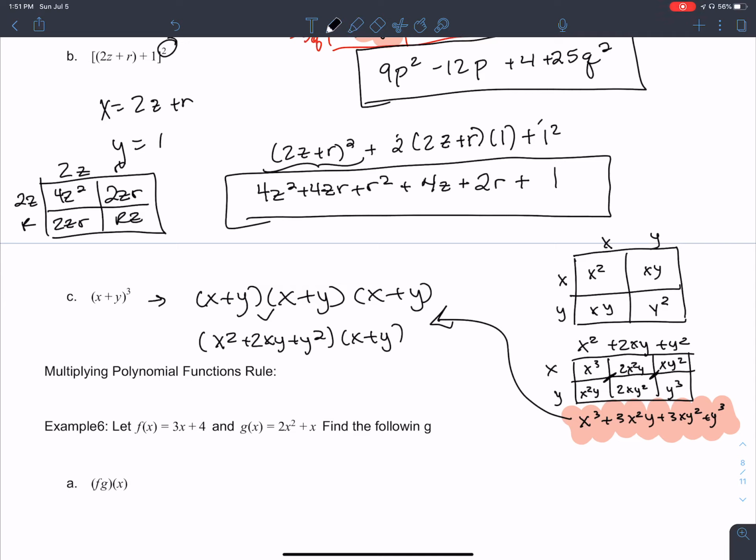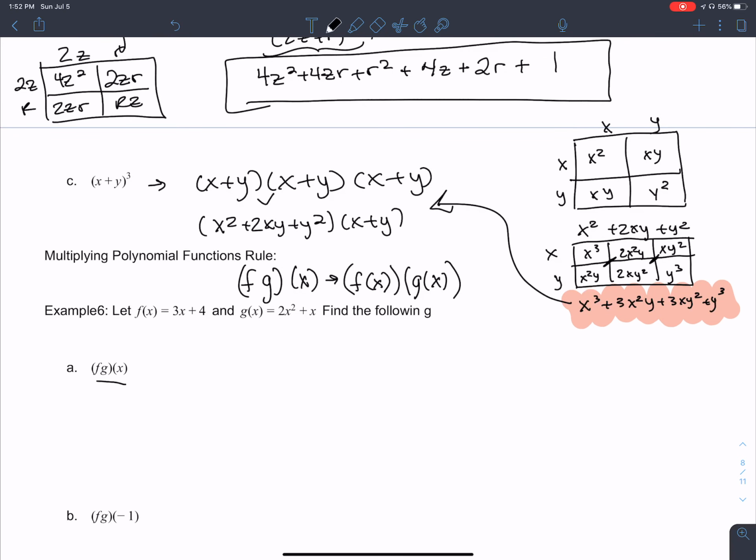Now let's talk about multiplying polynomial functions. f times g of x is the same as f of x times g of x. So what we've been doing, but expressing it as a polynomial.